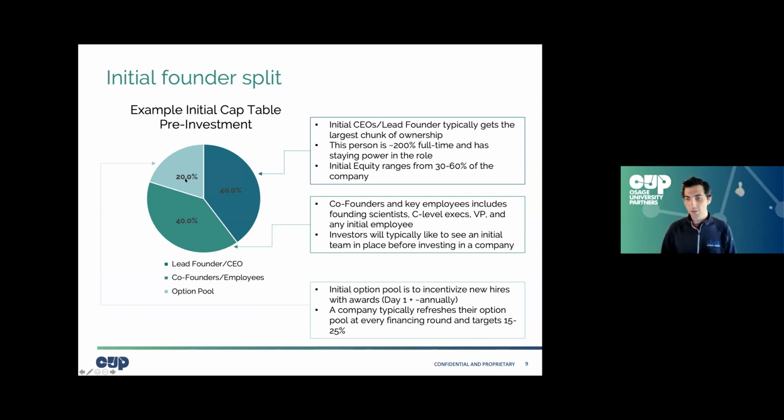And options are what you use, I'll get into this later, to hire new employees, your first 5 employees, but really every employee. The reason it's such a large chunk is because when you're bringing in your first engineer or your first couple hires, you're not going to be able to pay them much. And you really do use options as a way to attract them into the company.